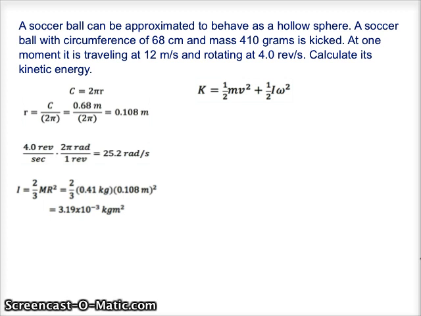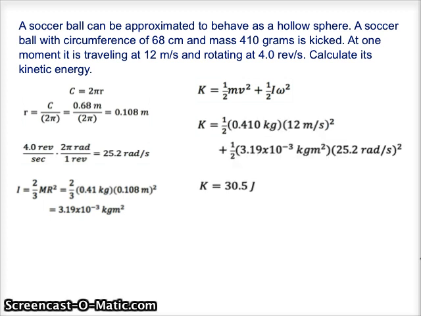Now it's just a matter of carefully putting things in and plugging them into our calculator. Be extra careful as we square things and so forth. But overall, our kinetic energy is quite a bit higher than that first problem. But of course, we're kicking a soccer ball, so it's going to have a fair amount of speed.